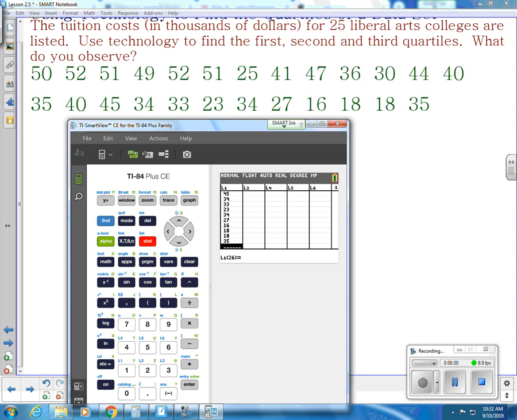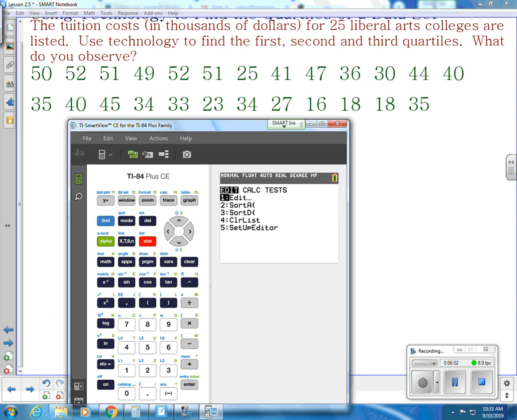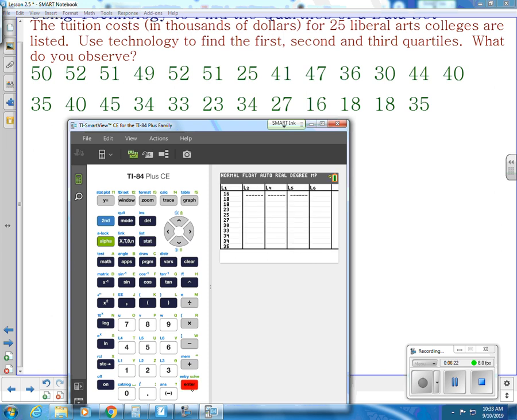You can go back into Stat, and you can sort. So it'll take that list, and you want list, I put it in list 1, so second 1 brings me up L1, and just hit enter. It doesn't look like anything happened, but if you go back into Stat and edit, my list is now in numerical order.